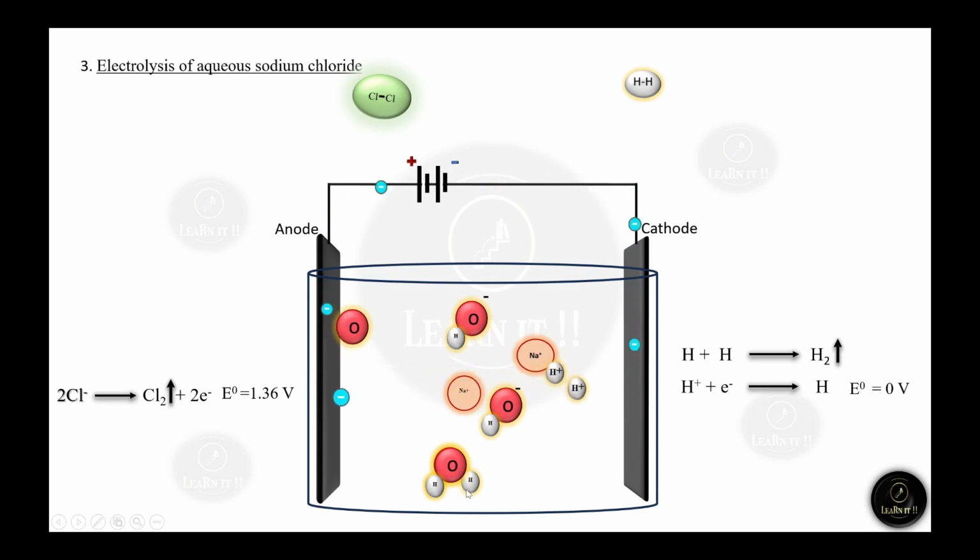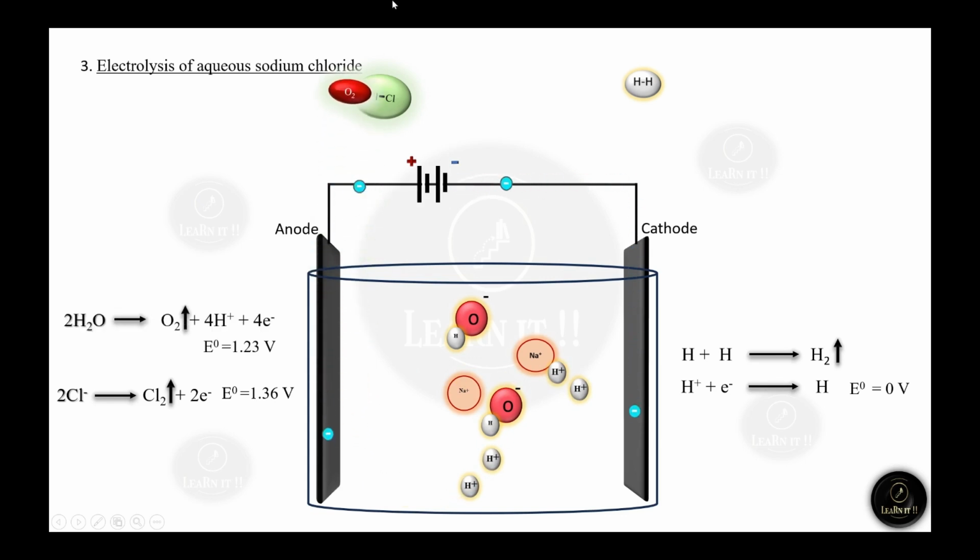Like that, 2 water molecules break down into 4 H+ ions and 1 oxygen molecule is liberated, whose E naught value is 1.23. The difference between the liberation of oxygen reaction and liberation of chlorine reaction is very small.